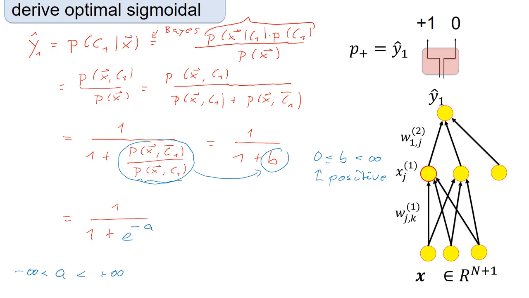So we just define e to the minus a equal to b and b equal to this. Now that means that if we compare these two here, a is the logarithm of the ratio of p of x given c1 and p of x given not in class c1.